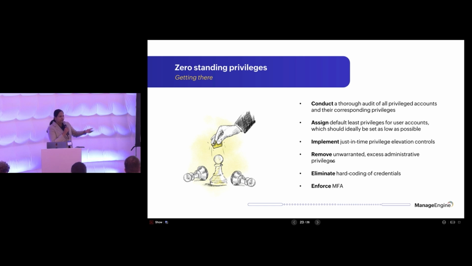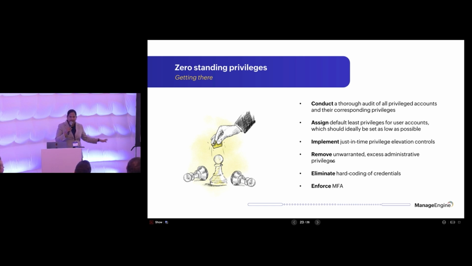And finally, you need to enforce MFA, which adds another layer to your sensitive passwords, which is just an additional security layer. And you need to eliminate hard coding of secrets. This is why I took up the developer examples where developers always hard code their secrets. So whenever there is a CI/CD pipeline going on, your pipelines are going to reference a text file where credentials are stored, right?